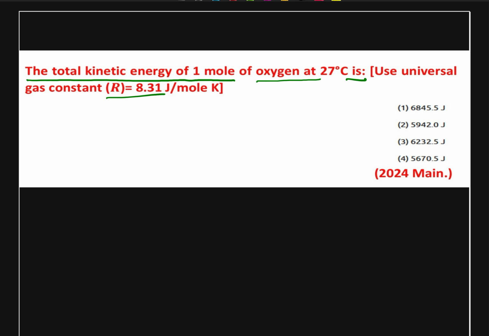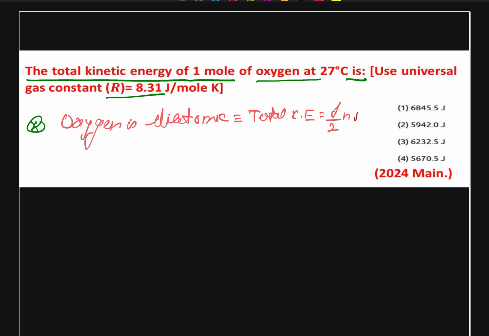We know that oxygen is diatomic and the total kinetic energy, in terms of degree of freedom, we can write as F by 2 nRT, and the value of F is 5.